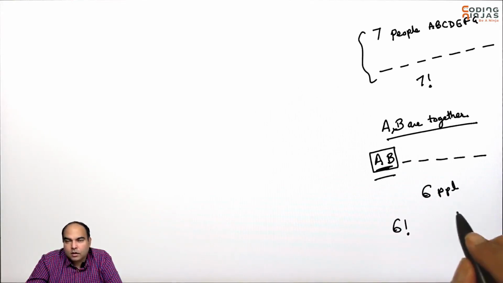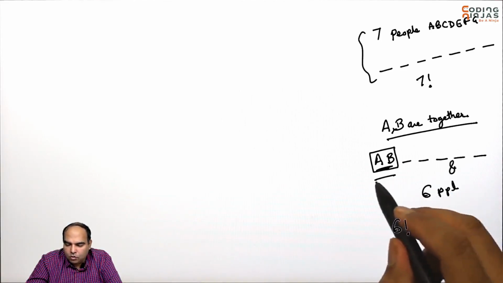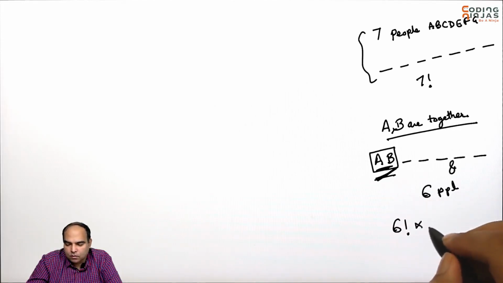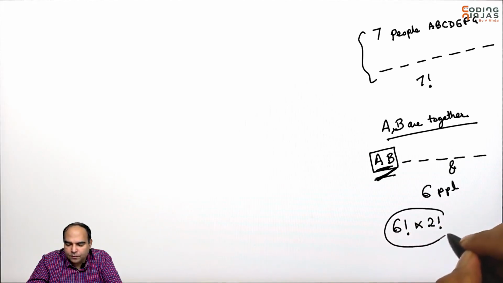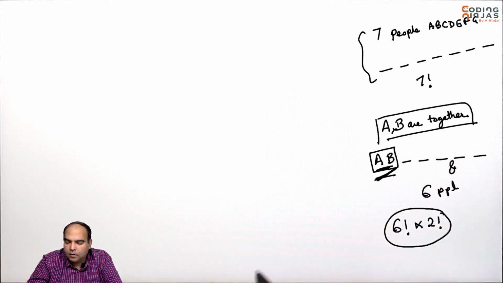But that is not the answer completely, because there has to be an AND, you also have to account for the rearrangement of AB amongst themselves. So you can multiply the 6 factorial by 2 factorial to get the answer in this situation when you're talking about A and B are together, right?